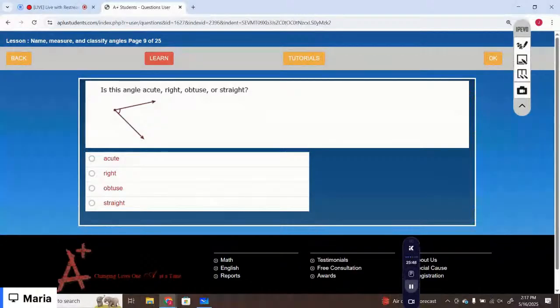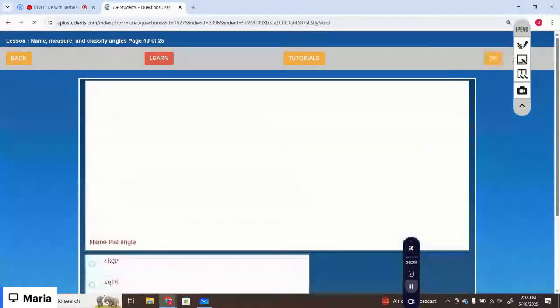Is this angle acute, right, obtuse or straight? The correct option is acute angle. Option number one is the correct option.